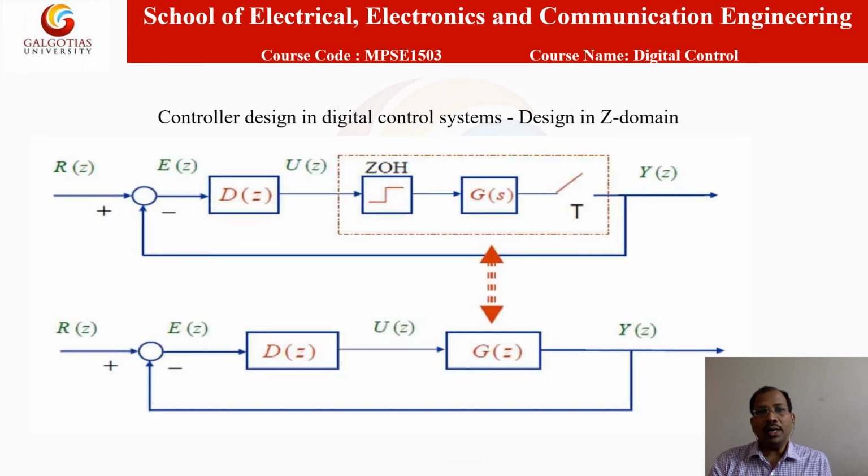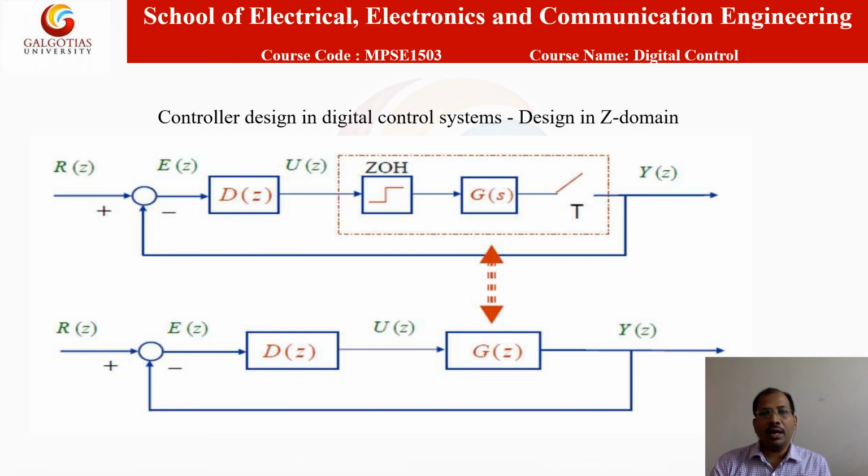For controller design in a digital control system, we generally prefer the Z domain. There are two ways. In the previous one, we transfer the continuous controller into the Z domain, or we can transfer the plant into the Z domain. Either we design the controller in the Z domain, or the plant in the Z domain.